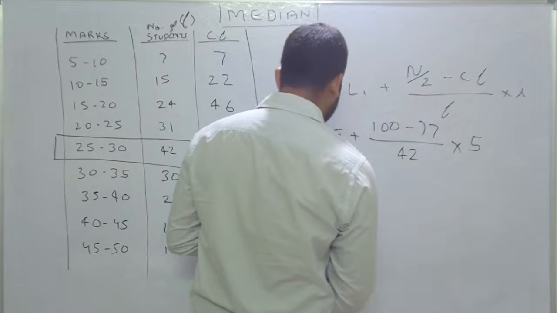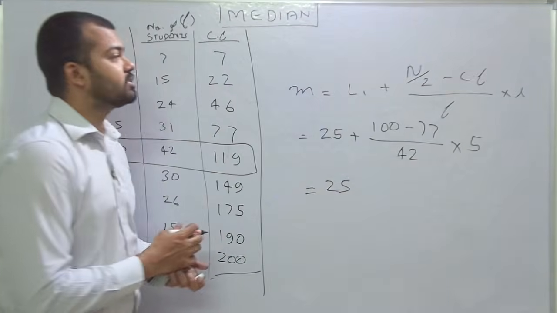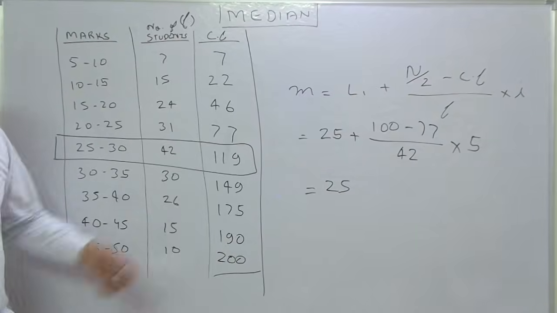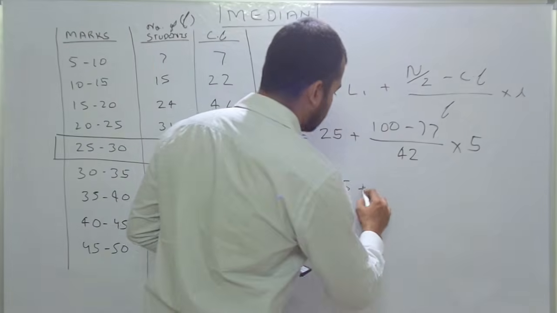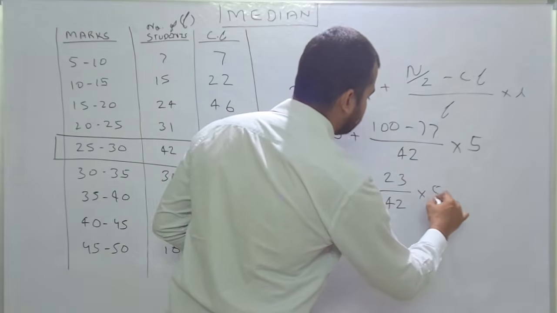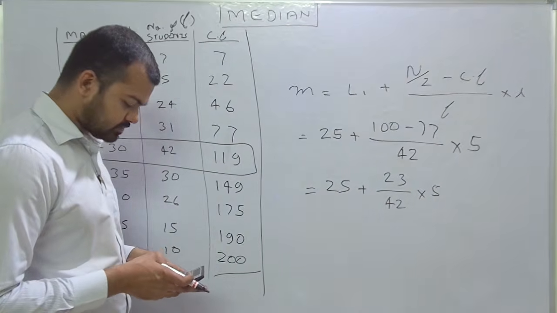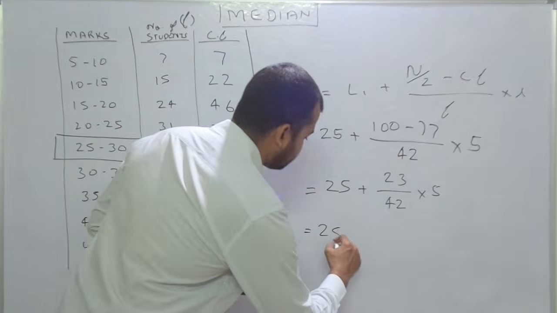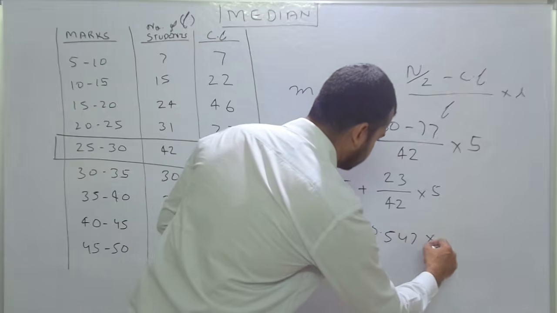So this is how we are done with the formula. We are just placing the values which we found in the earlier calculations. Now 100 minus 77 is 23, by 42, into 5. Now we calculate with the help of a calculator. So that is 25 plus 0.547 into 5.